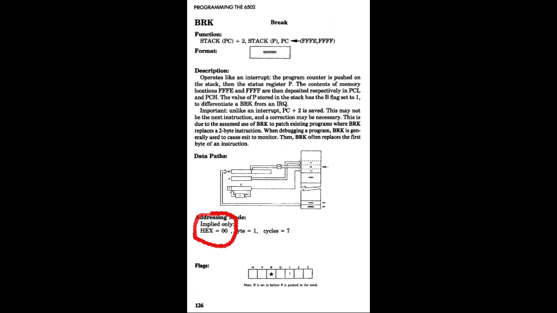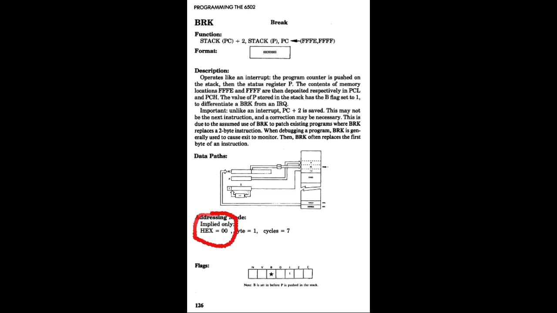The program counter is pushed on the stack. Then the status register P is pushed on the stack too. The contents of memory locations FFFE and FFFF are then deposited respectively in PCL and PCH. What it means is it reads these two locations and initializes the program counter, which is what we find on the address bus after that.